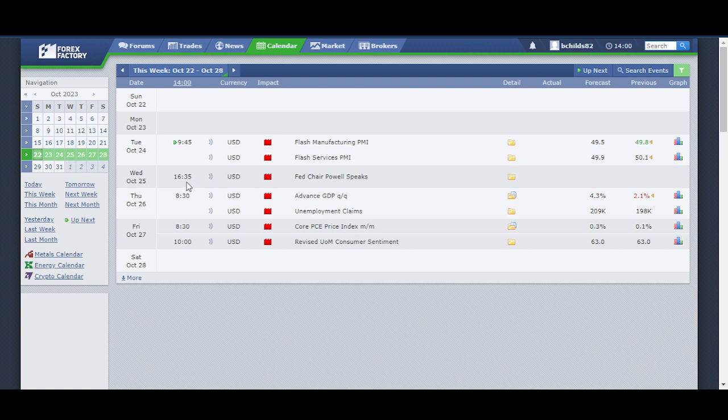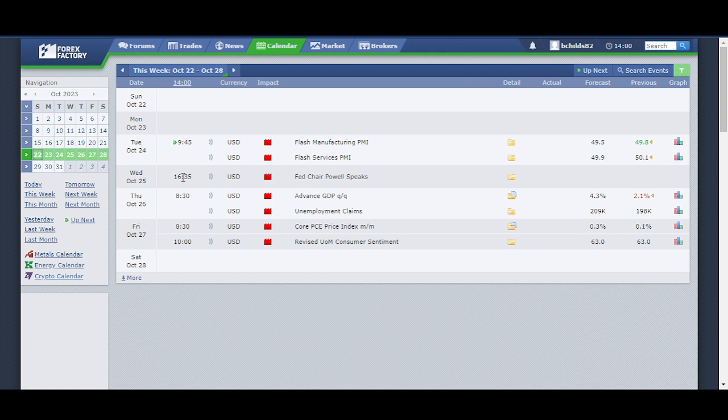Wednesday should be good. So that at 4:35, Powell is speaking on Wednesday. So that clears both my silver bullet windows, the New York AM and New York PM. I should be clear to trade those. Thursday, red folder news at 8:30.